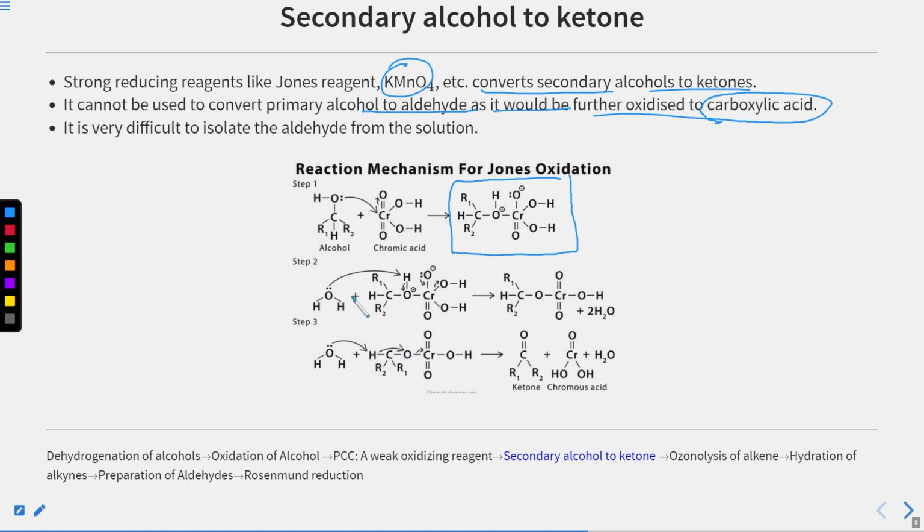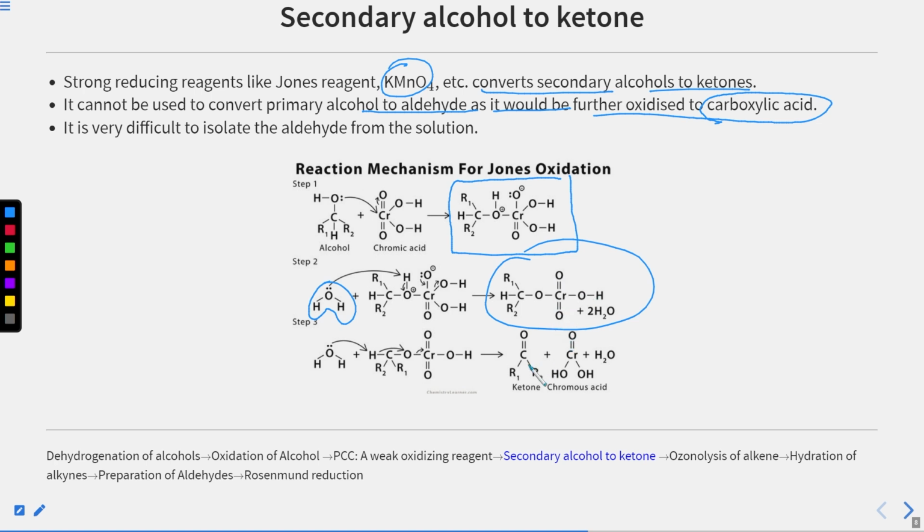Now since we have water in this, it will take your H from here and will create this kind of thing. It is a kind of E1CB elimination. Now I will not say elimination. It is a kind of substitution. So here the oxygen of the alcohol is attacking your chromium and it is kicking out your OH.